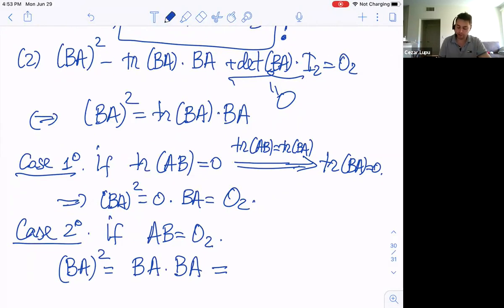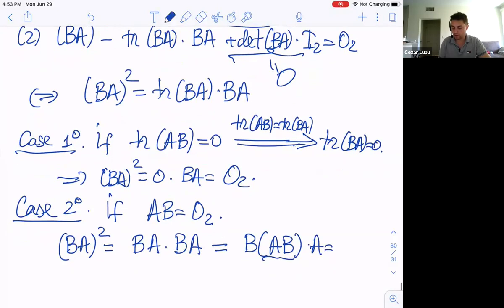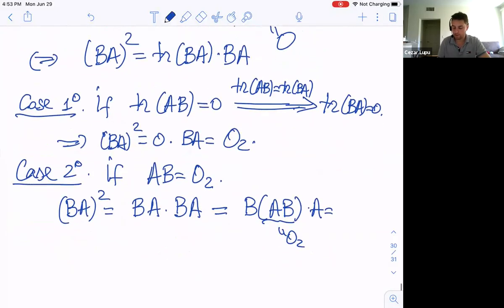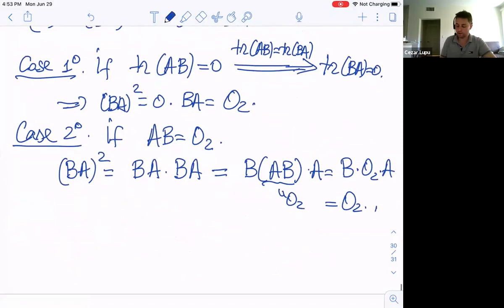We can use the associativity of matrix multiplication, so we have B times AB times A. This AB is 0, so it's B times 0 times A, and this gives 0. That's it. In both cases it follows that BA squared is 0, and that's the end of the problem.